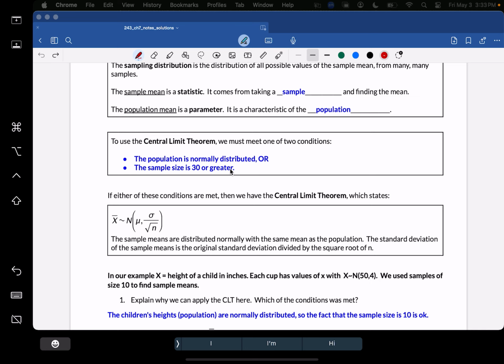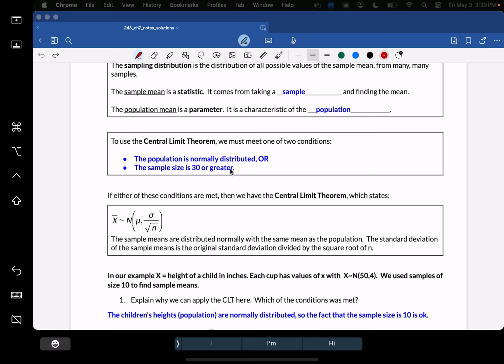When either of these conditions are met, then we can have the central limit theorem, which states that x bar is distributed normally with a mean of mu and a standard deviation equal to sigma over root n.